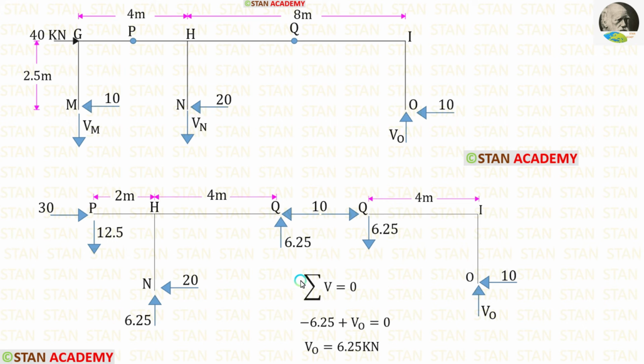Let us apply the rule sigma V is equal to 0 and find out VO. This force is acting downwards, so it will be negative. This force is acting upwards, so it will be positive. Finally, for VO, we are getting 6.25 kilonewton.